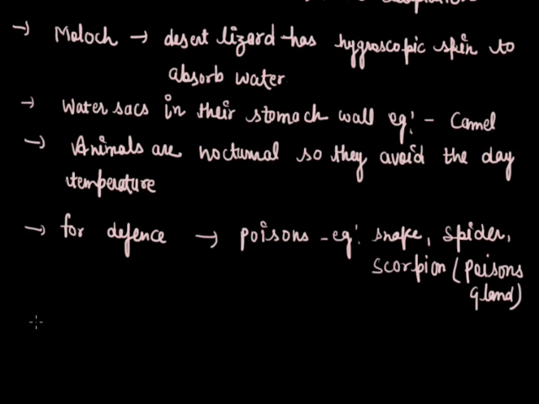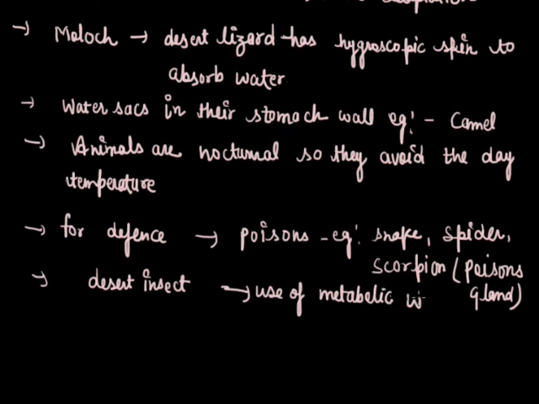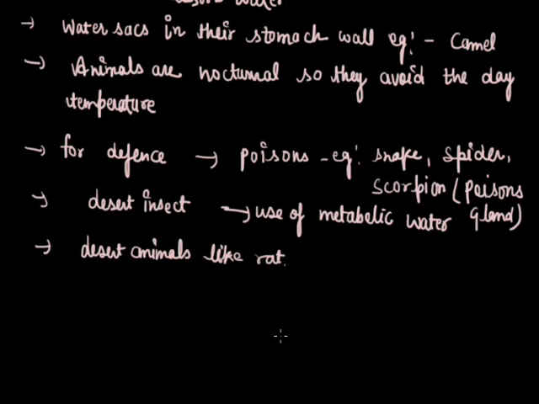Some of the desert insects can make use of metabolic water. Some of the desert animals like rats and snakes dig holes and burrows in the sand and live within.